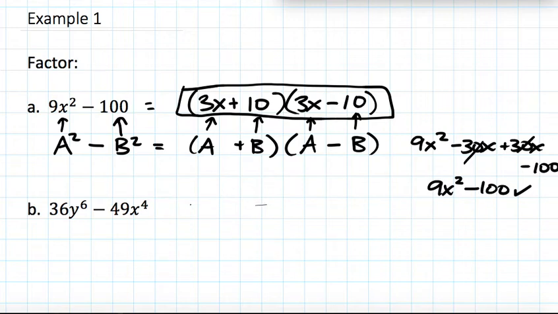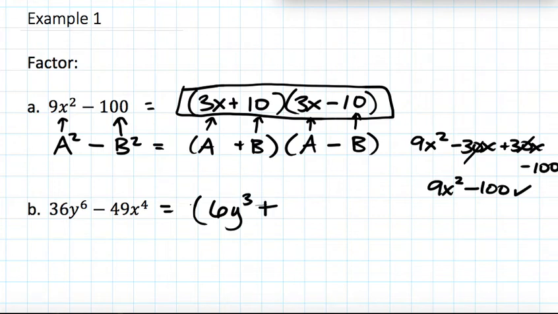Looking at problem B, it's the same thing. What I'm going to do is just go through from left to right. So I know that the square root of 36 is 6. And for y to the 6th, for exponents, I'm dividing them by 2. So 6 divided by 2 is 3, so this is going to be 6y to the 3rd. Now I'm going to have a plus sign.